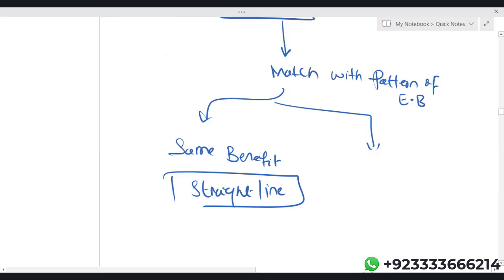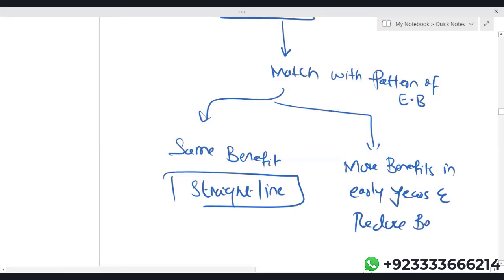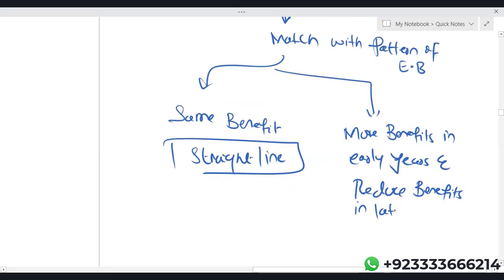If this is the case, more benefits in early years and reduced benefits in later years, then you will go for the written down value, reducing balance method.